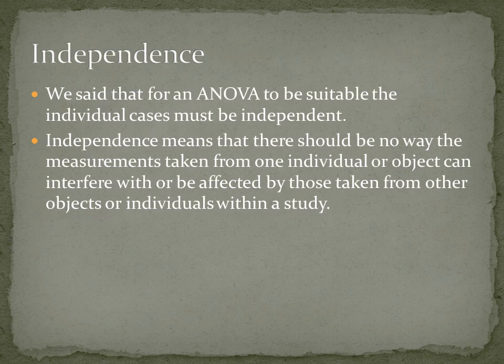And the one thing that you'll always read in association with using an ANOVA is that the individual cases must be independent. And all we're looking at with independence is that there should be no way the measurements taken from one individual or object can interfere with or be affected by those taken from another individual or object within the study.